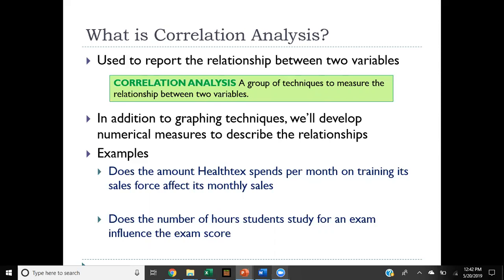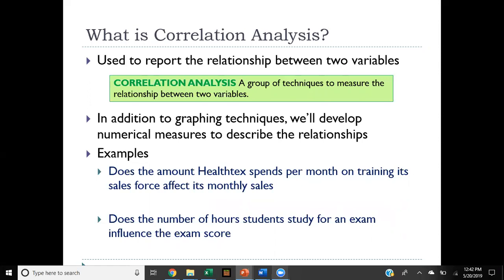Or as examples on the PowerPoint show, a company might be interested in determining whether the amount that a company spends on training actually has a relationship to the company's monthly sales. So correlation analysis is basically that. We're trying to find out whether a correlation exists between any two variables of interest.